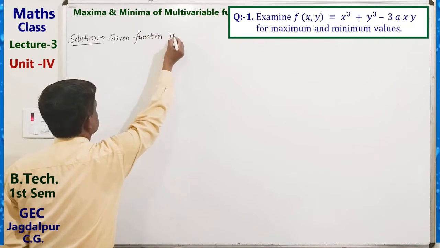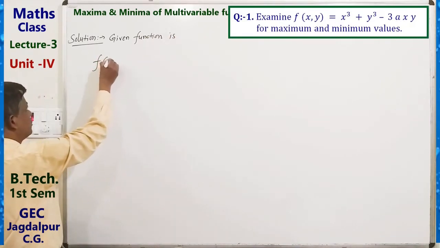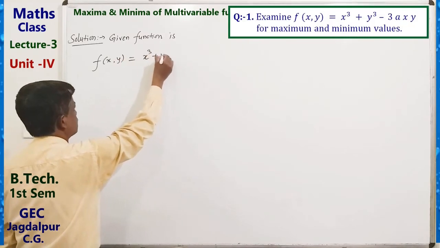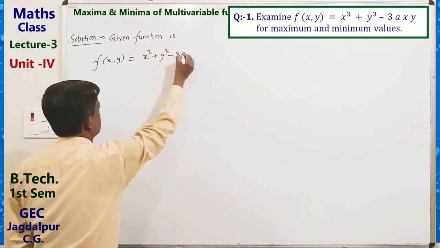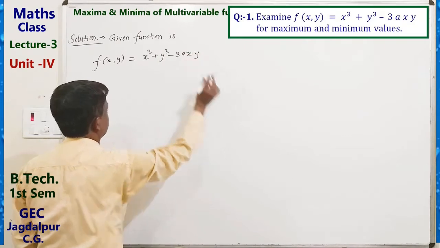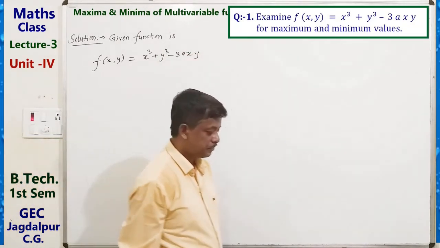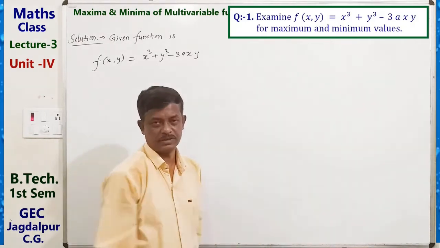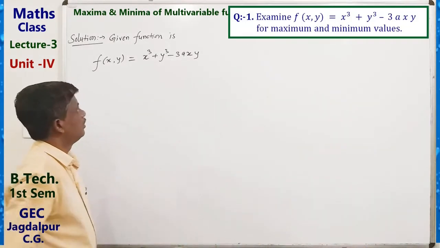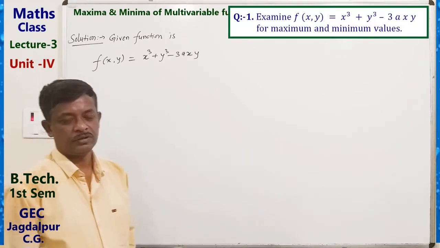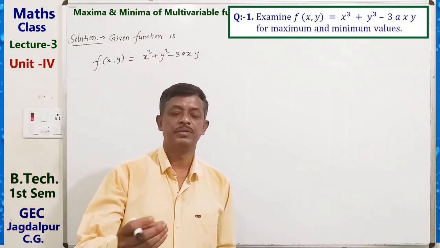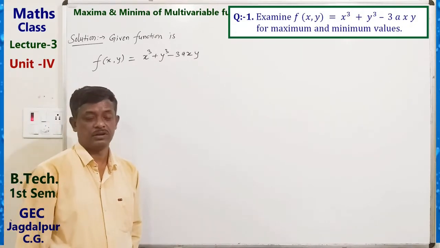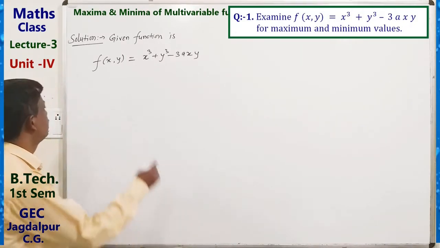The given function is f(x,y) equals x cube plus y cube minus 3axy. Just we will try to find the maximum or minimum value of the function, if it exists or not.